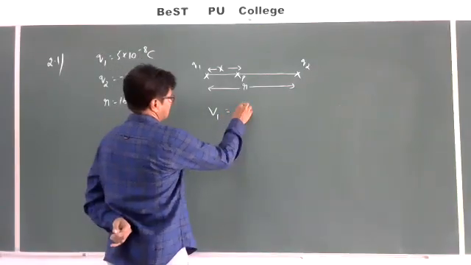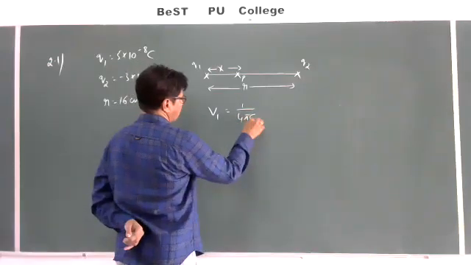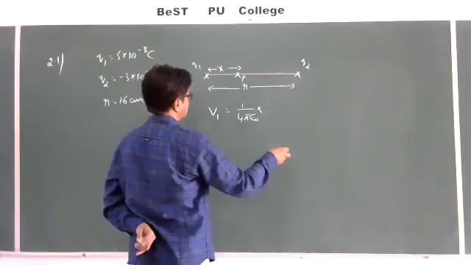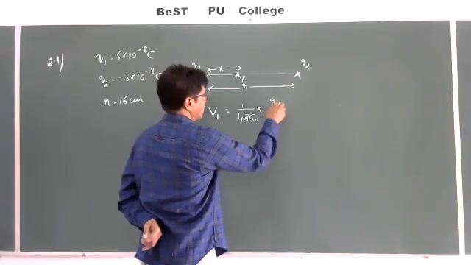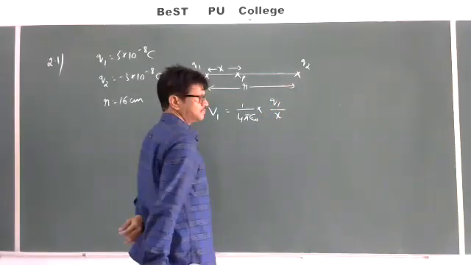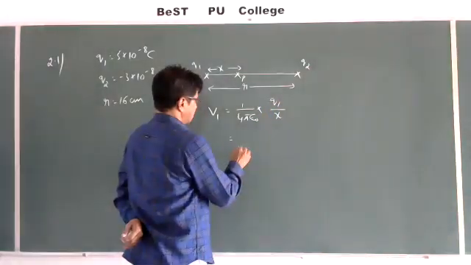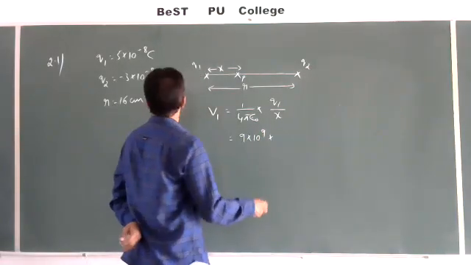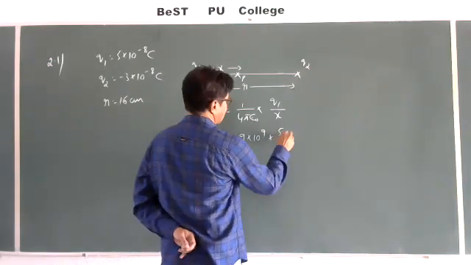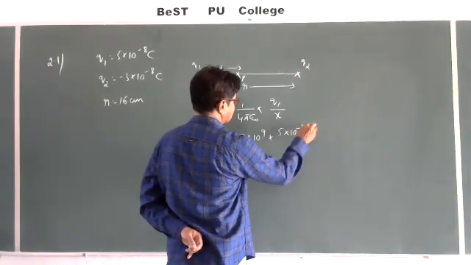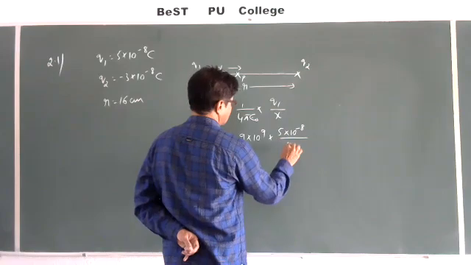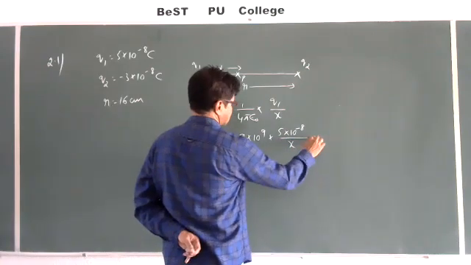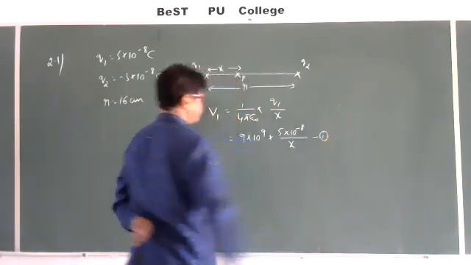So V1 is equal to 1 by 4 pi epsilon naught Q1 by x, which is equal to 9 into 10 to the power of 9, Q1 value is 5 into 10 to the power of minus 8, divided by x. Call it as equation 1.